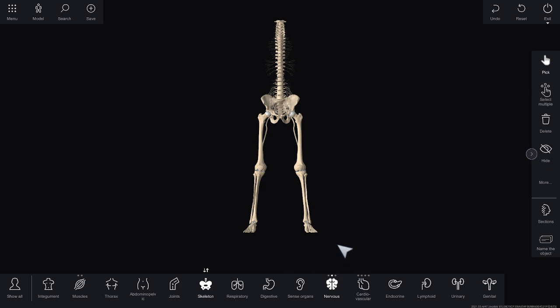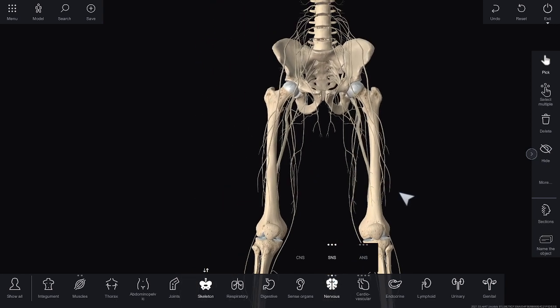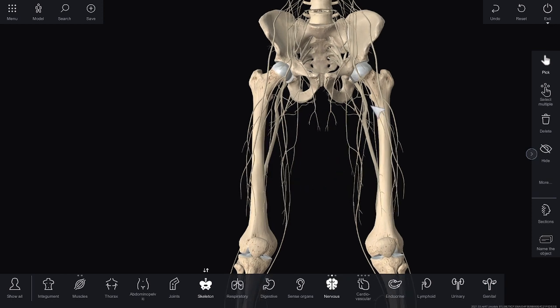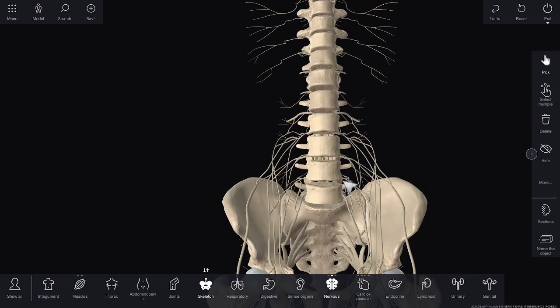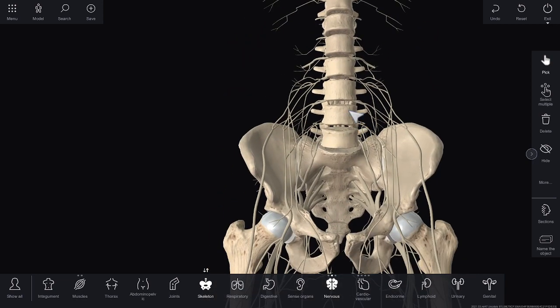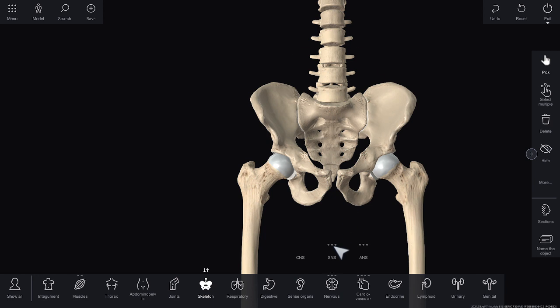And the third time, all nerves are presented here. It's good but difficult for education from the beginning. So I propose to return to only 1 point.